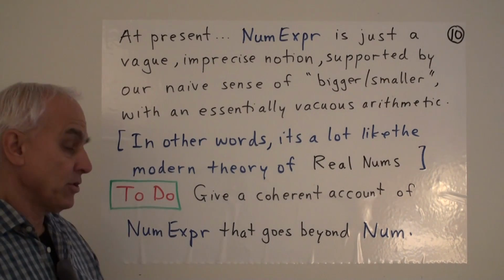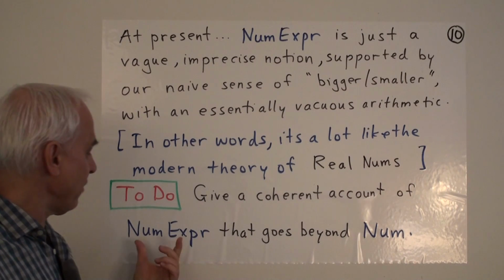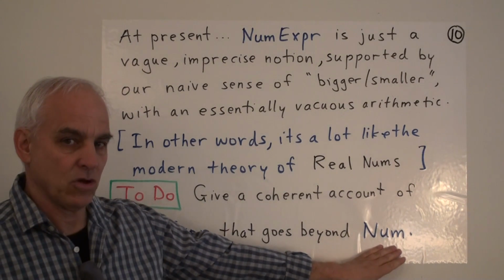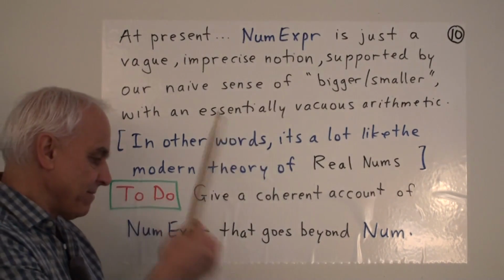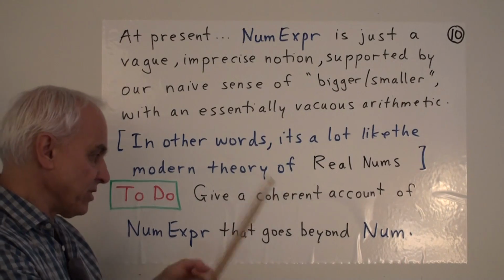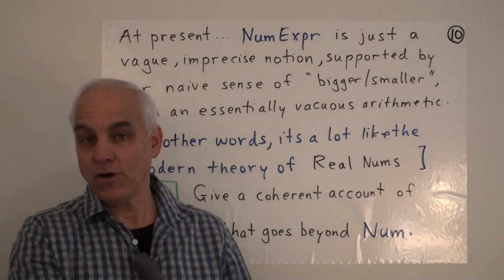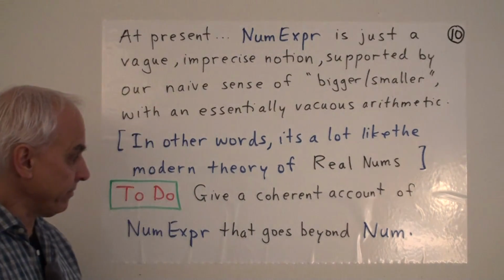So there's a big to-do here, which is to give a coherent account of number expressions that really goes beyond our Hindu Arabic numerals, that says precisely what the objects are, says precisely what the operations are, and gives us proofs of the laws of arithmetic. A very, very big challenge.